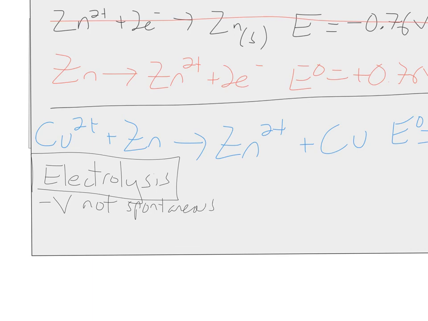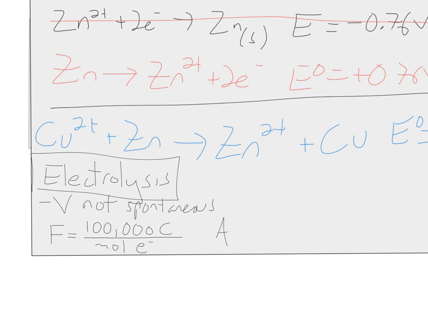We can make them spontaneous by adding a current, putting electricity in. The conversion we need for that is Faraday's constant, which is approximately 96,500. You have it on your equation sheet. But for multiple choice rounding, it's 100,000 coulombs per mole of electrons.